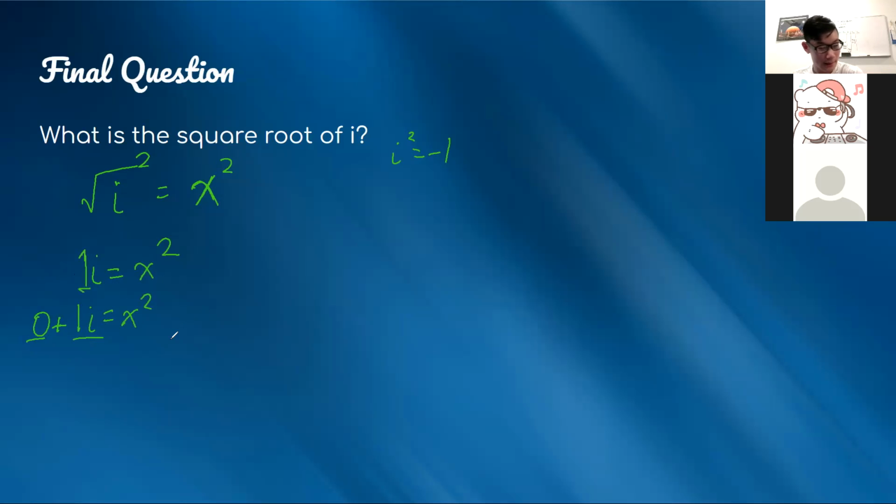The 1 is hidden. And now we know that x squared also has to be a complex number. So we can say that 0 plus i equals this complex number where a and b are its own numbers. So a, this part is the real part, and this part is the imaginary part. We can say that this is this squared.